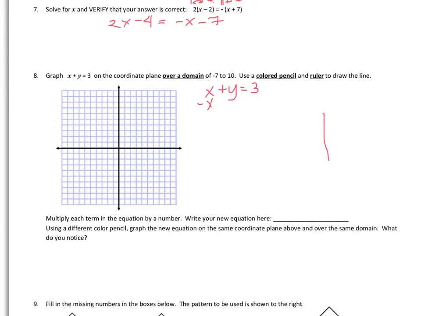We subtract x, and we get y equals negative x plus 3. That is our equation, so 1, 2, 3. There's our y-intercept. Negative x is our slope, so down 1 over 1, down 1 over 1, down 1 over 1, etc. There's your line.